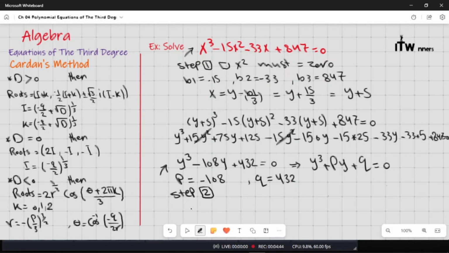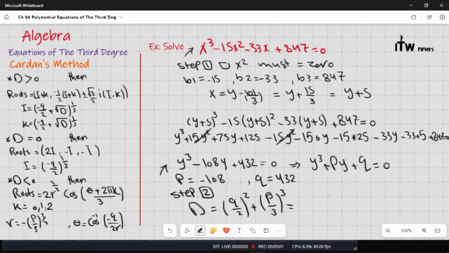So here we have d equal to the square of half of q plus the cube of p by 3.